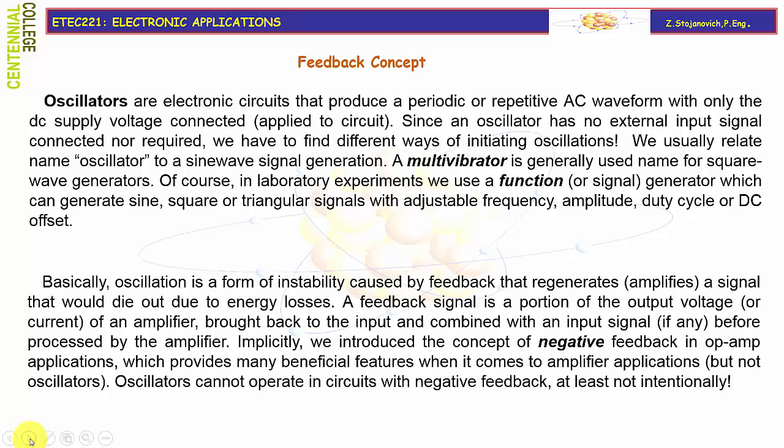Implicitly, we introduced the concept of negative feedback in op-amp applications, which provides many beneficial features for amplifier applications, but not oscillators necessarily. Oscillators cannot operate in circuits with negative feedback, at least not intentionally.